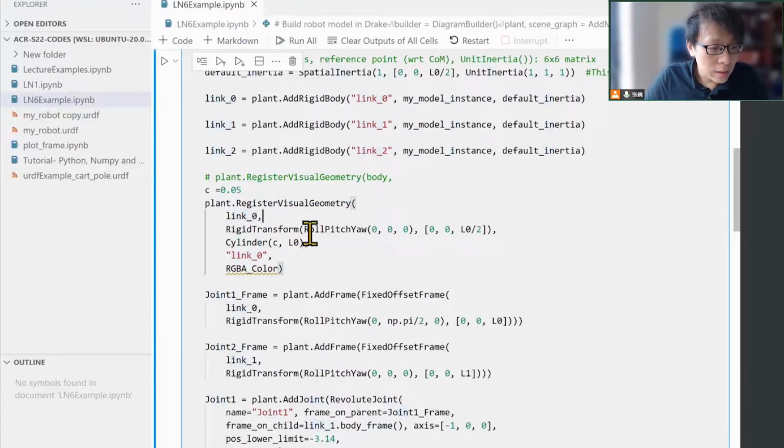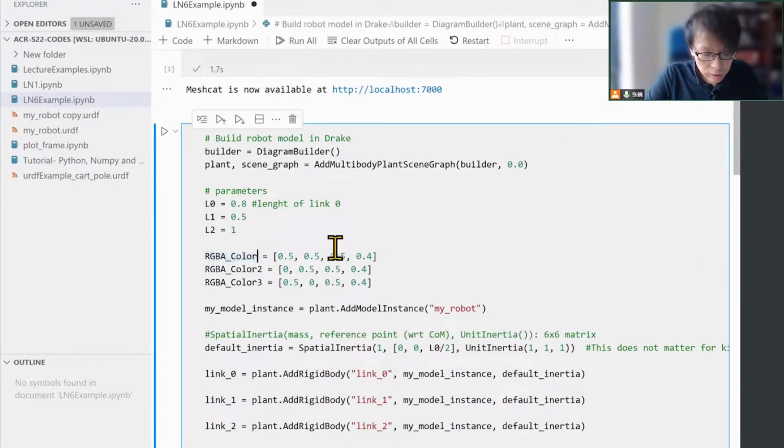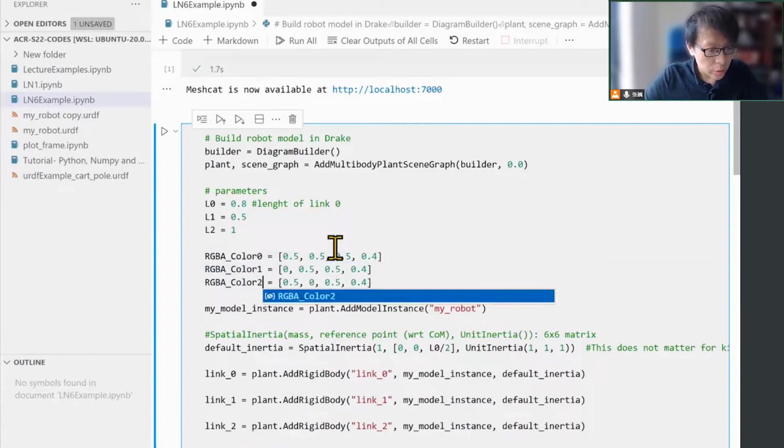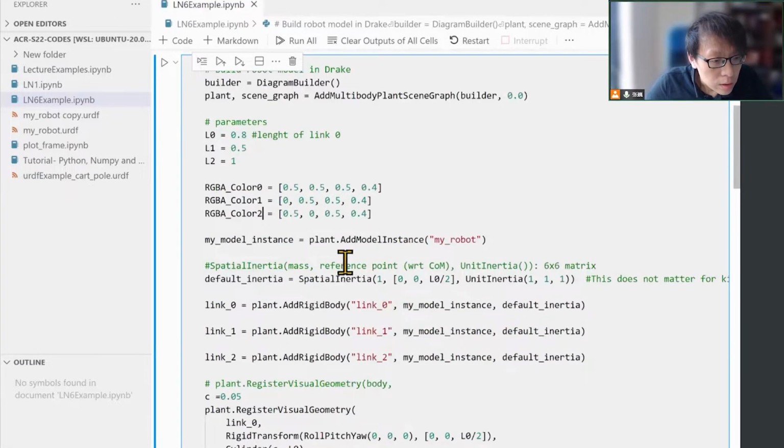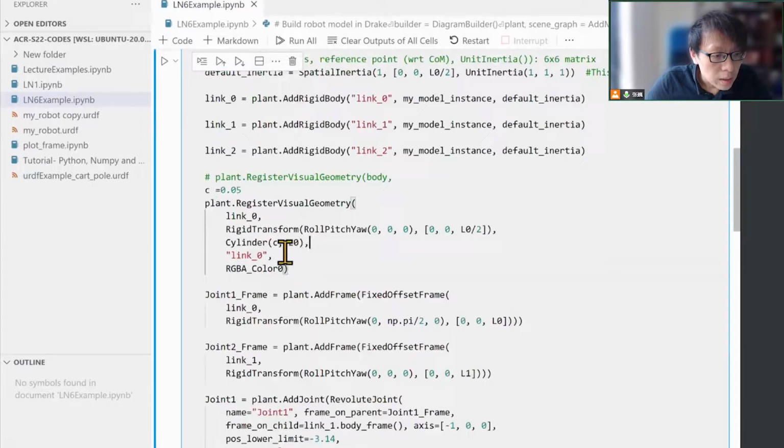This cylinder also has a color. Let's call it color 0; I should change that to 0, 1, and 2. So this is color 0, the name is link 0, and it has a shape. And this cylinder has a relative orientation and position relative to the body frame.